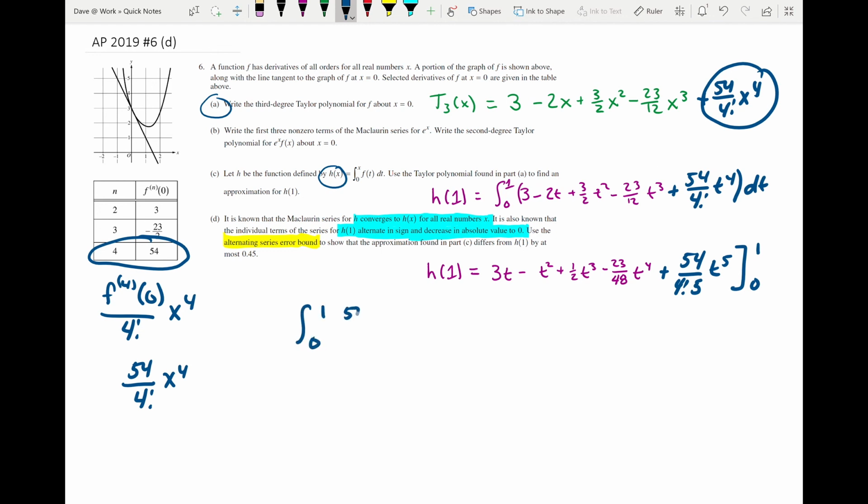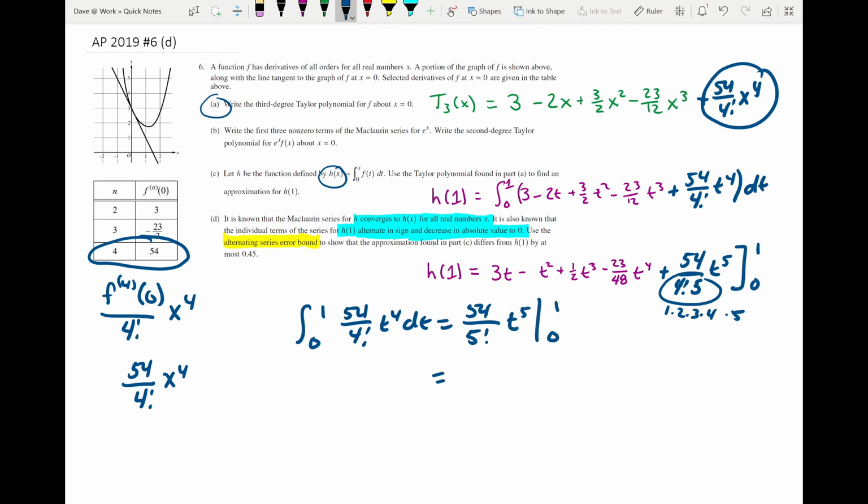I wanted to take 54 over 4 factorial t to the fourth dt, realize that is the same as 54 over, and if you think of 4 factorial as 1 times 2 times 3 times 4 being multiplied by 5, you could actually just say it's 5 factorial t to the fifth going from 0 to 1.